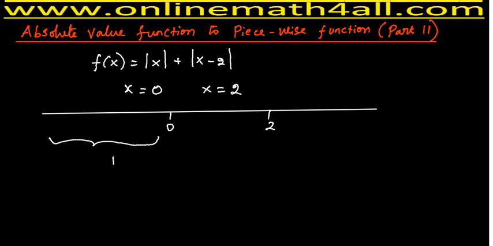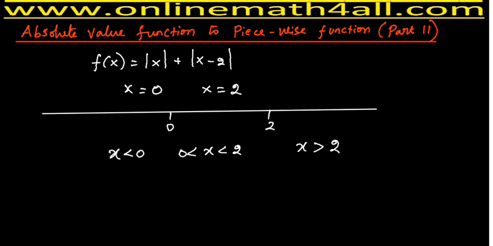Less than 0 means we are going to take values for x less than 0, that is x less than 0 here. And here we are going to take the value of x between 0 and 2, that is 0 less than x less than 2. And here the value of x is going to be greater than 2.